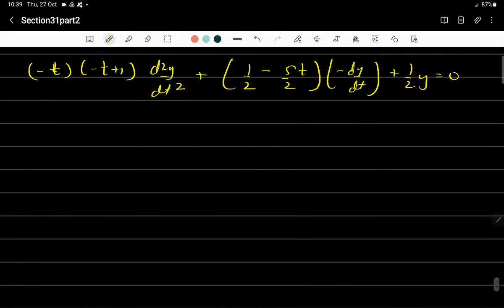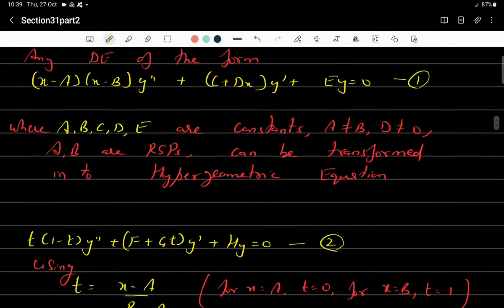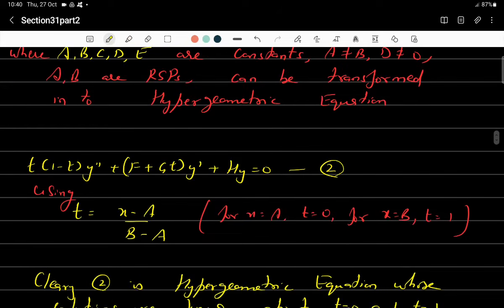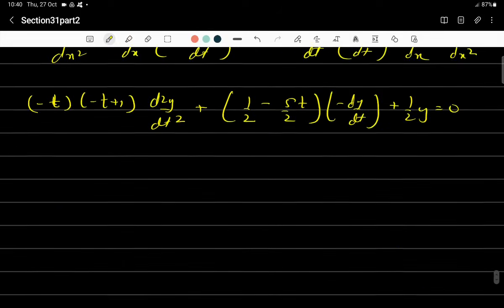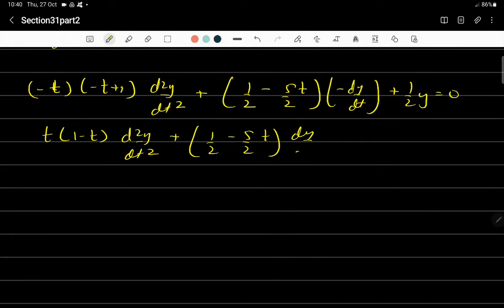Now I need it in the hypergeometric form, which is t(1 minus t). So I want it in this form only. That's why I multiply it by minus 1. So it will become t(1 minus t) d2y by dt square, and this minus will become plus, so plus 1 by 2 minus 5 by 2t dy by dt minus 1 by 2 y is equal to 0.